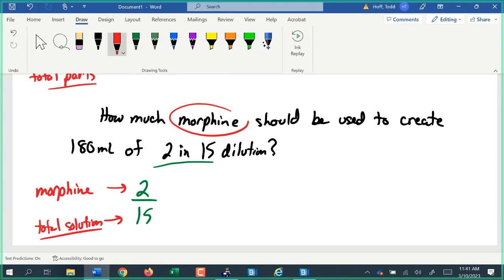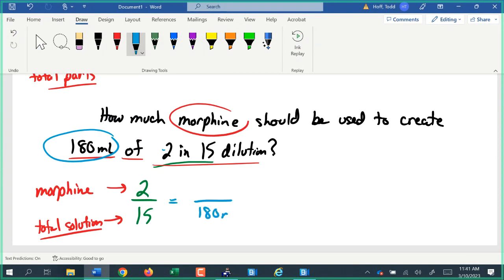Well, up above, the 180 milliliters is a little vague, but it's saying 180 milliliters of the 2 in 15 dilution. So whenever we say we want a certain amount of this dilution, that is telling us that that is the total amount after it is diluted. So that 180 milliliters does represent the total solution.